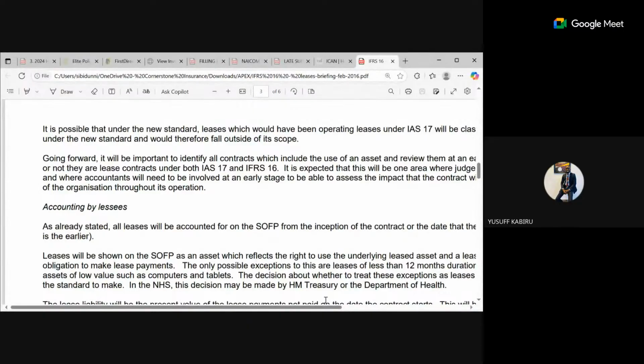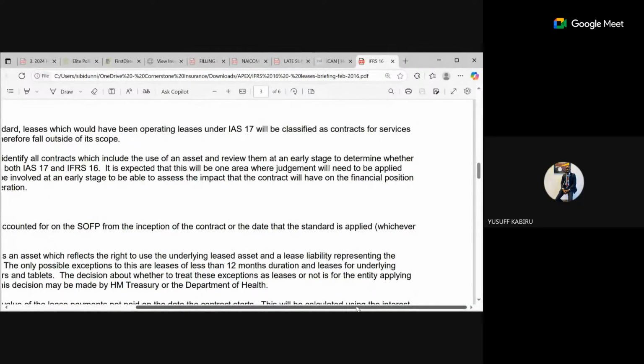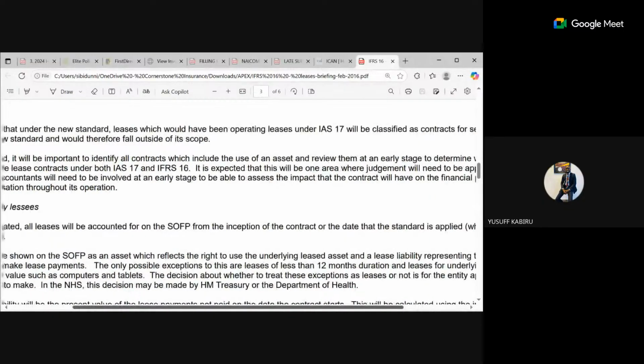Accounting by leases. As already stated, all leases will be accounted for on the statement of financial position from the inception of the contract or the date that the standard is applied, whichever is earlier.